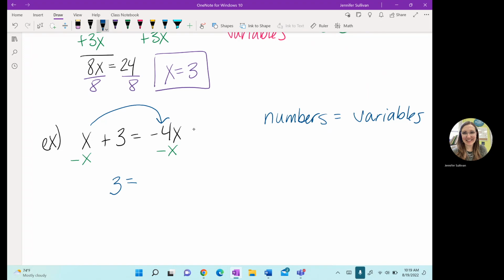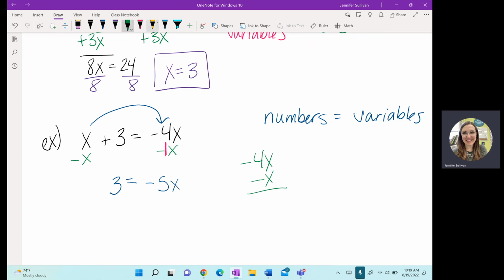First of all, what did we say was the coefficient in front of a variable if I don't see a number? It's a 1. So I'm really doing negative 4 minus 1, and I get negative 5, and then the x. A lot of people will accidentally see negative 4x minus x, and they'll just think that the x's cancel each other out and just give me negative 4.